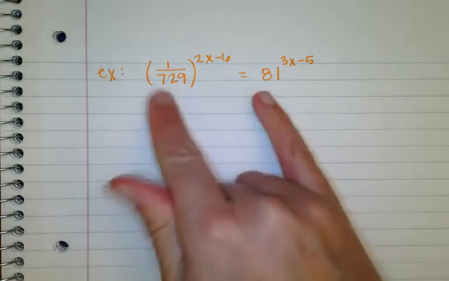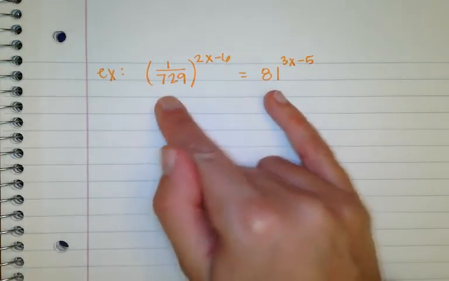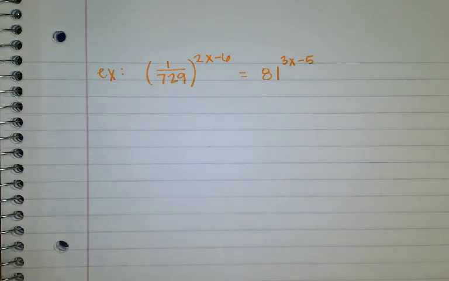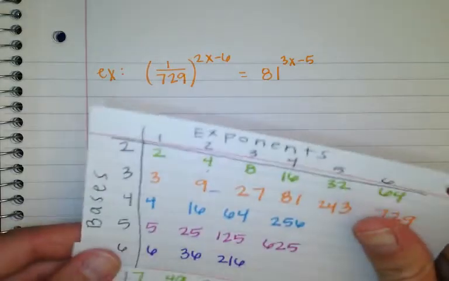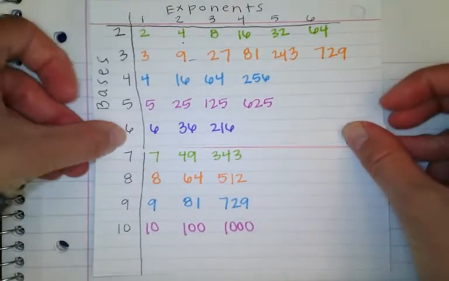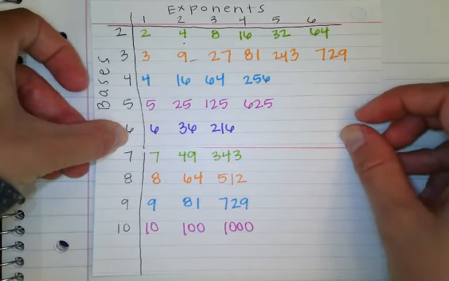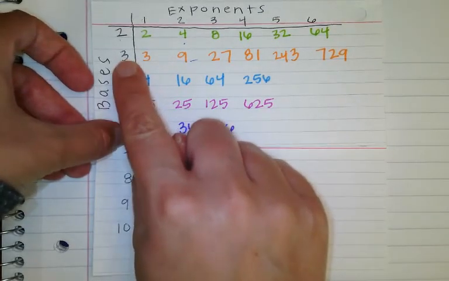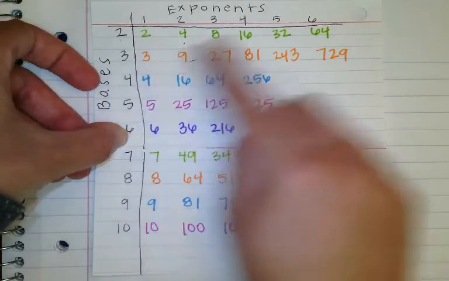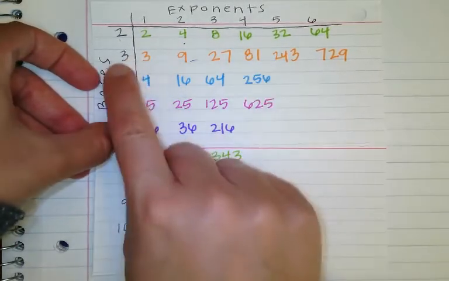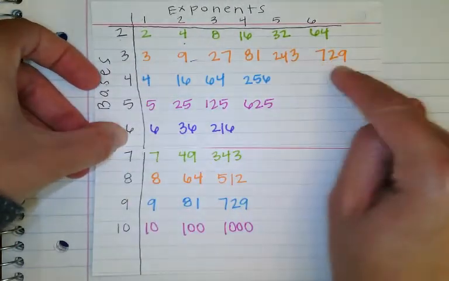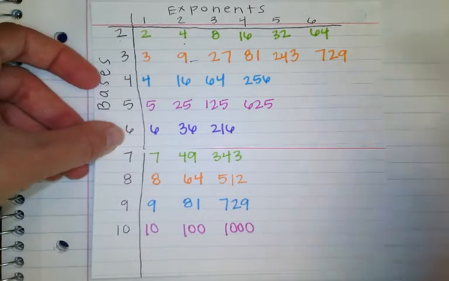So I need to know what 729 and what 81 come from. So we have a couple of choices. We could use 3 and make it 3 to the 4th for 81, 3 to the negative 6th for 729, or the 1 over 729.